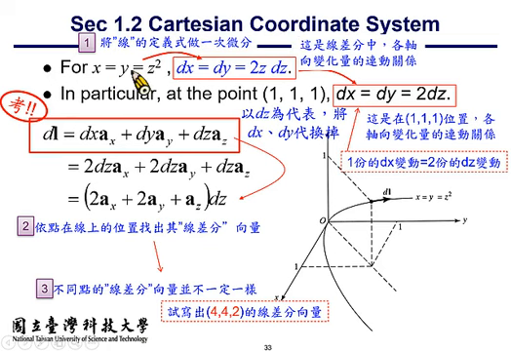So here you have x equals y equals z to the square. What do I mean? Taking the differential of that. So originally you have x equals y equals z to the square. If you do the differentiation, well, you have dx equals dy equals 2 times z times dz, all right?